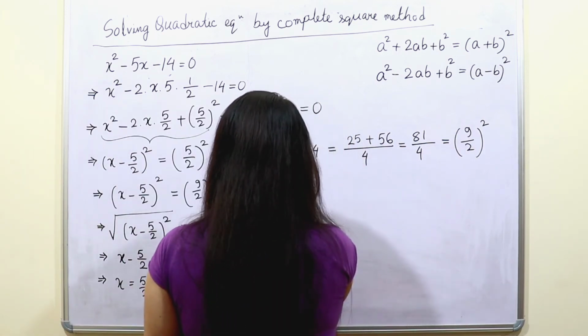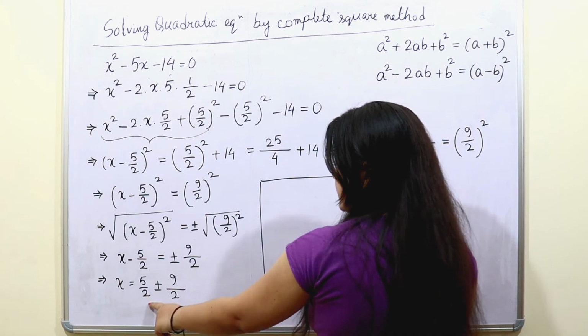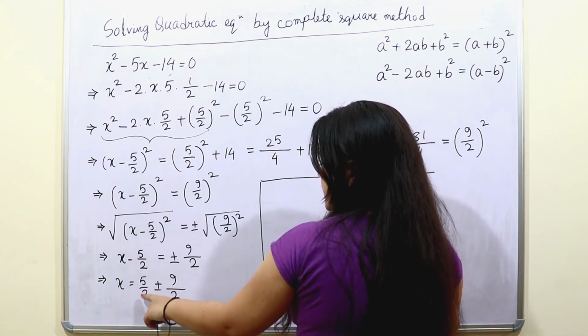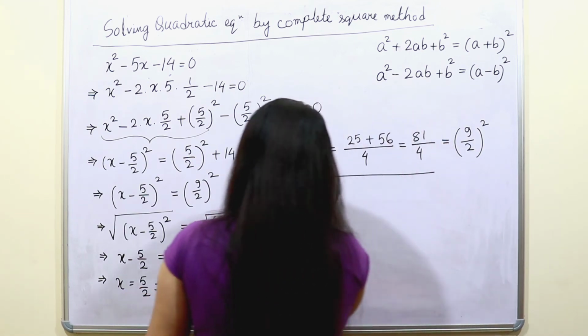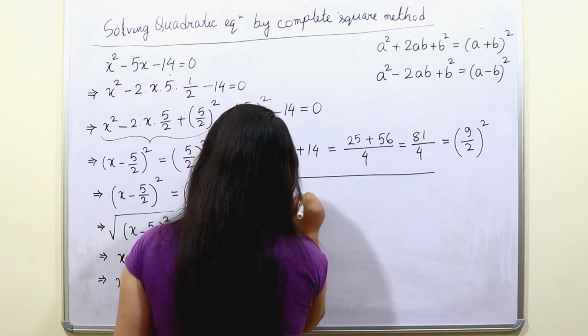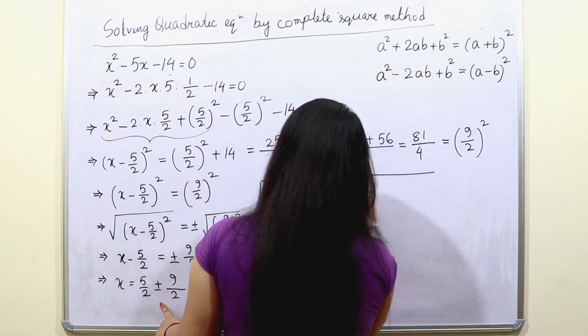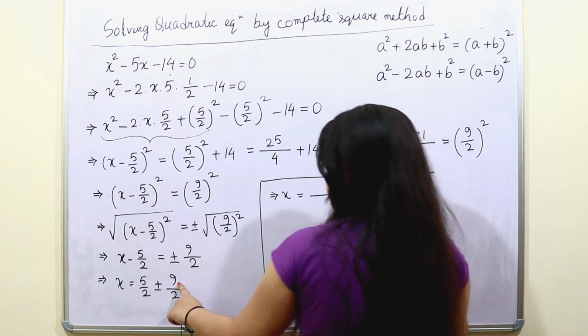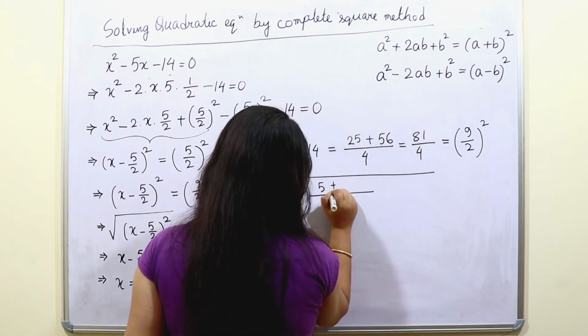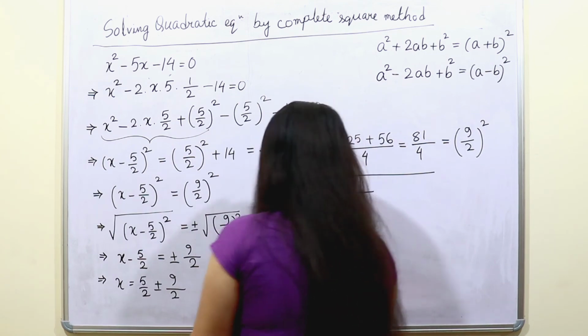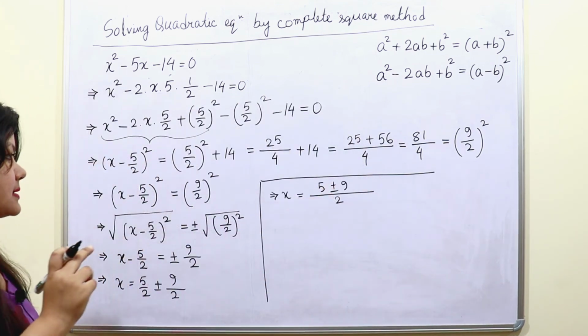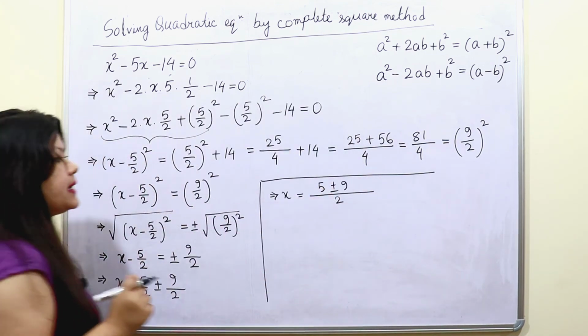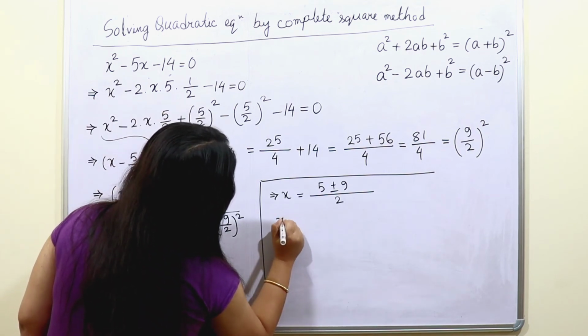So x equal to LCM 2, and the numerator will be 5 plus minus 9. Since it involves a plus minus sign, we will get two solutions.